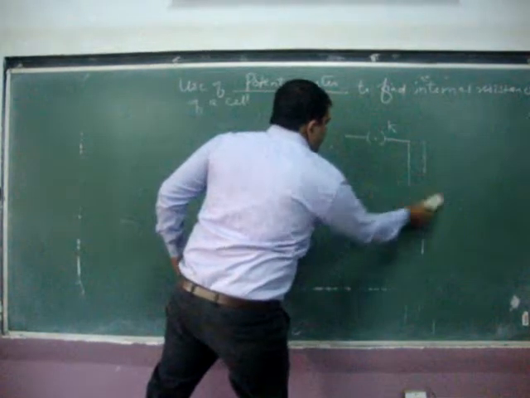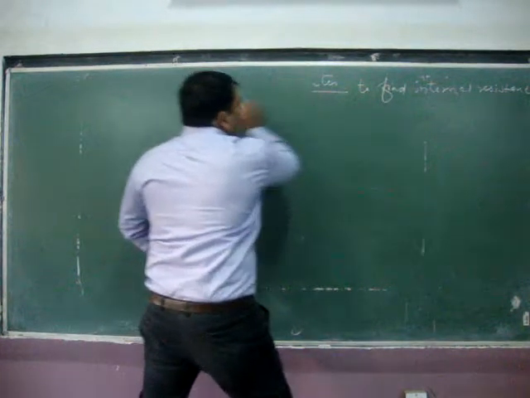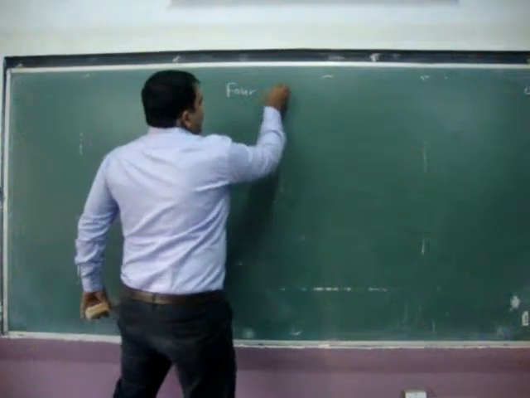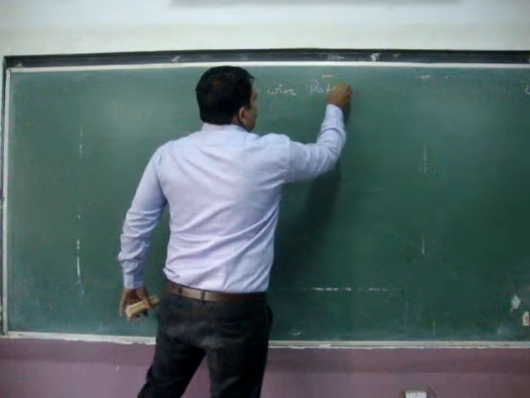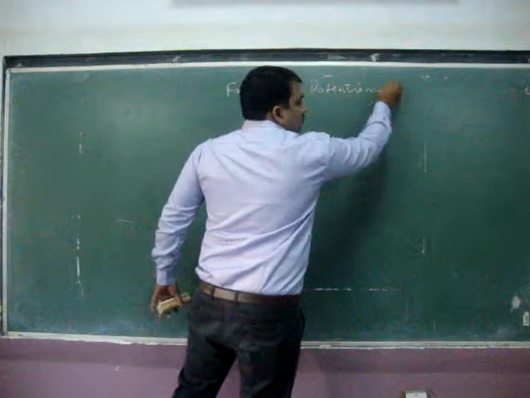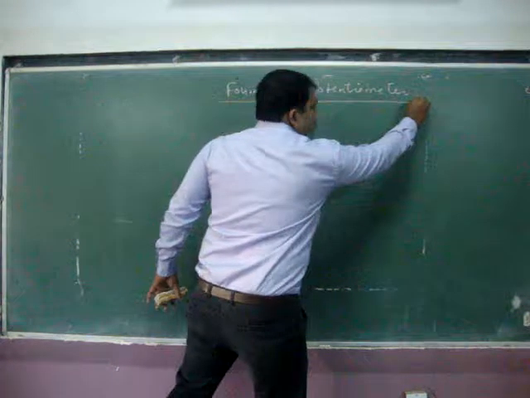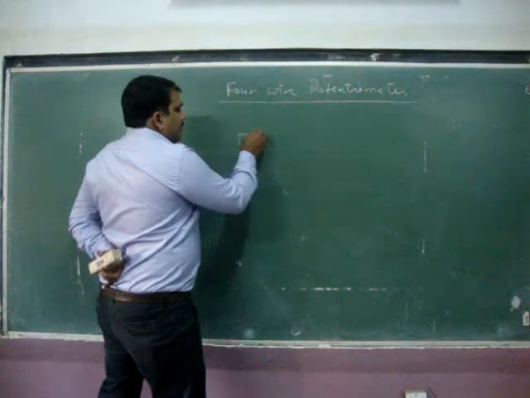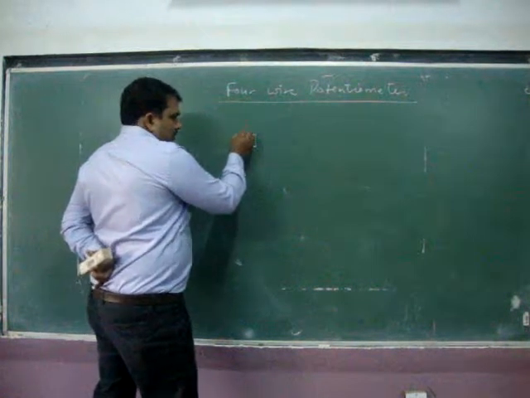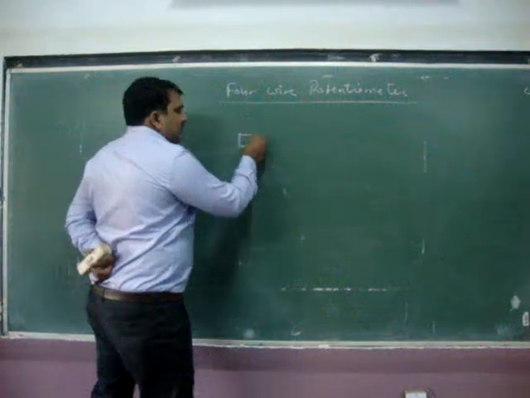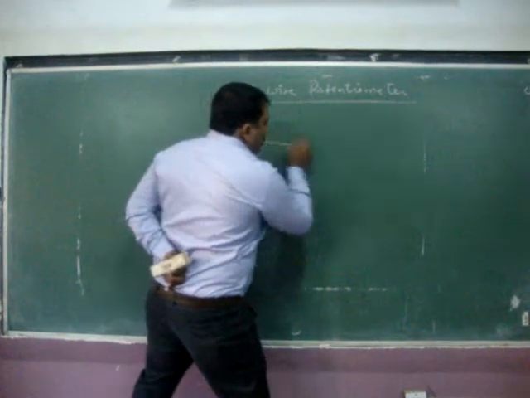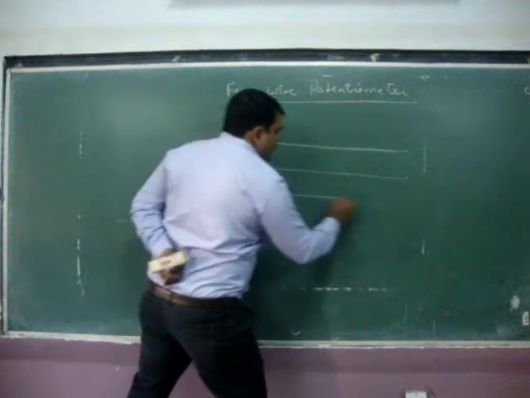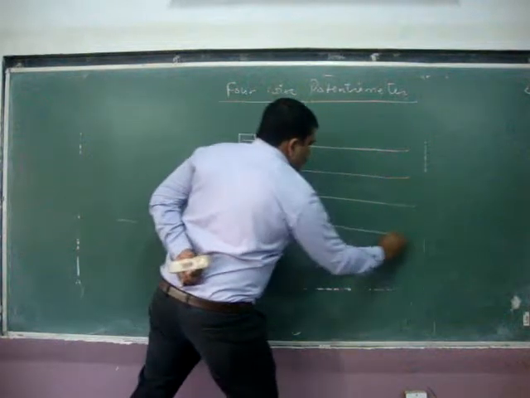Let us learn how to draw a 4 wire potentiometer. To draw it, we make a box here, and this is one end of the potentiometer wire, and you can make 4 wires: wire 1, wire 2, wire 3 and wire 4.